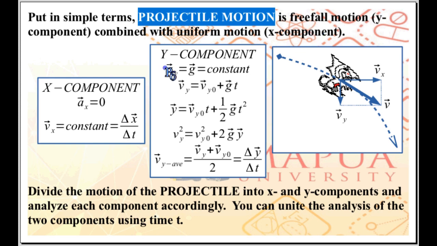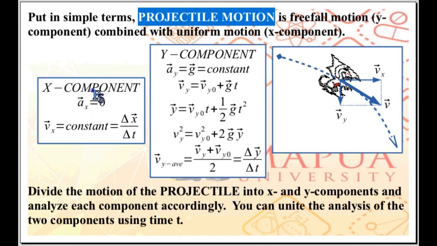So for the x component of the projectile motion, the acceleration is 0. In free fall motion, the only source of acceleration is gravity, and acceleration due to gravity is vertical. It has no x component. Therefore, the x component of the acceleration, ax, is equal to 0.